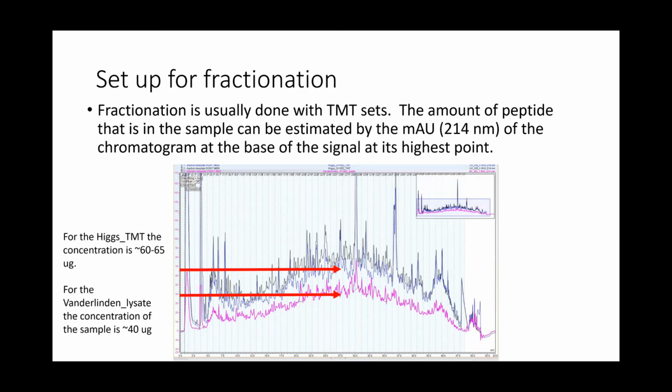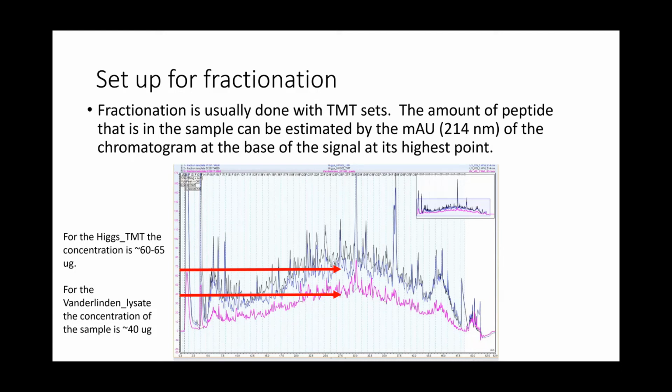And what we've developed over the years is that the milli-AU, which stands for absorbance units, measured at 214 at the base of the peak about the middle of the chromatogram, essentially represents the amount of micrograms that we would have.